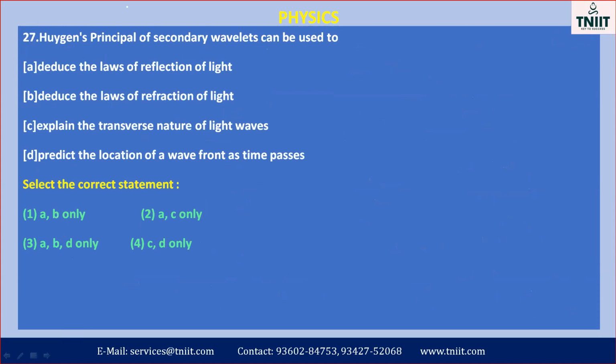Huygens principle of secondary wavelets. Definitely, Huygens principle explains the transverse nature of the light waves, correct? No? Huygens principle will explain the law of reflection, laws of refraction. Transverse nature was explained by whom?